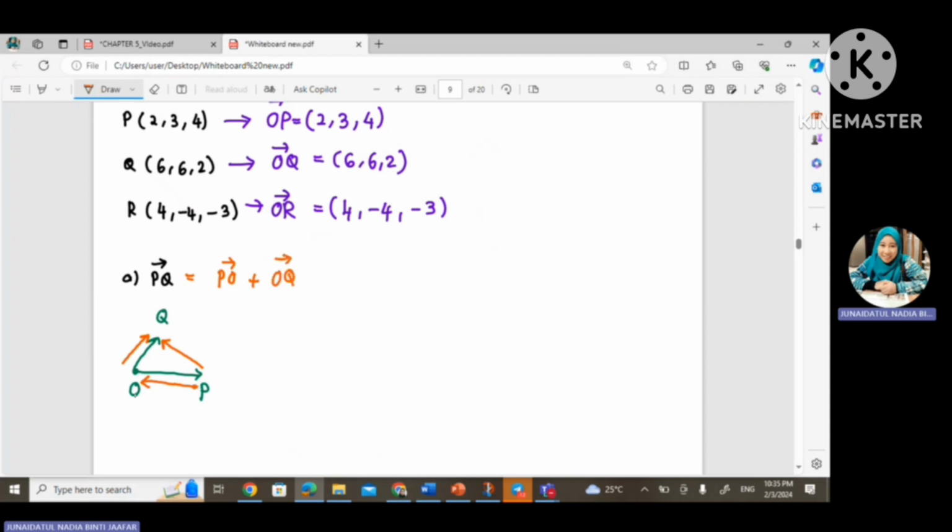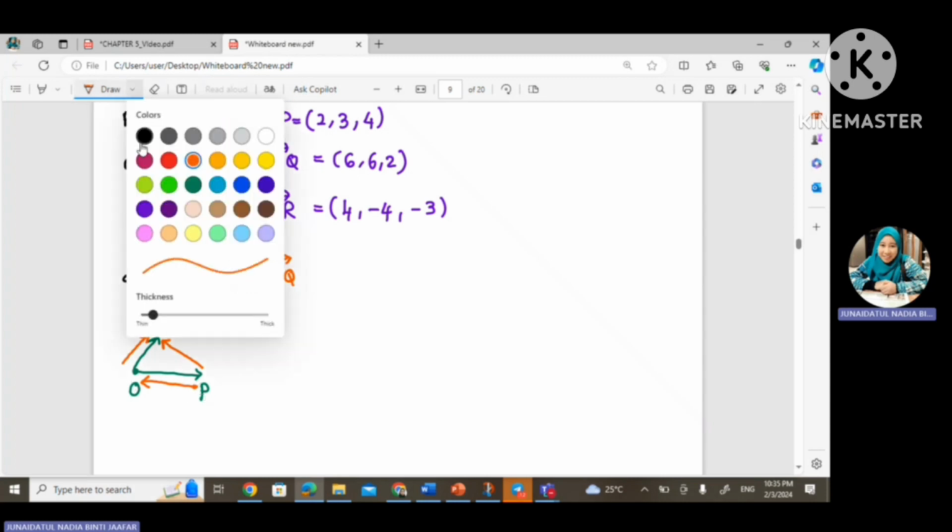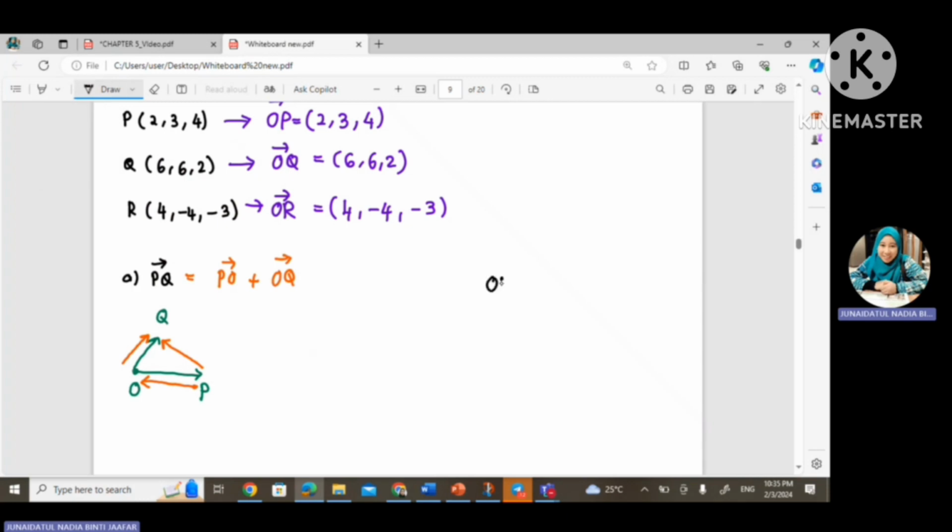Okay, so PO plus OQ is equal to PQ. Now we can see that the direction of OP is opposite to the direction of PO. So if the vector OP equals 2, 3, 4, that means the vector PO is equal to -2, -3, -4.